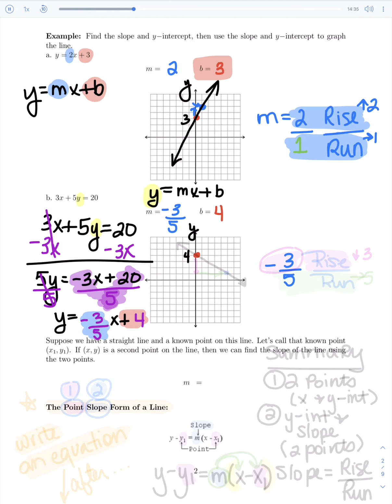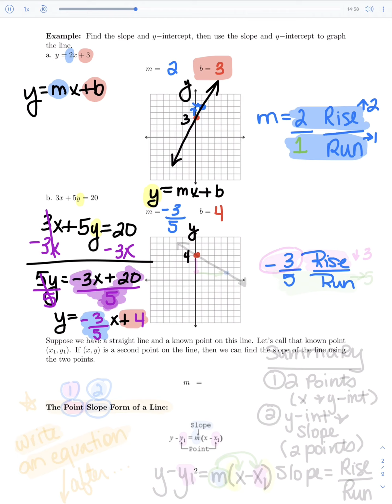Remember, to come up with my second point, I need to use that as rise over run to get from my first point to a second point. So let's see how this is going to work. Remember, if you have a negative slope, you either need to use the negative on the top or on the bottom, but not both.